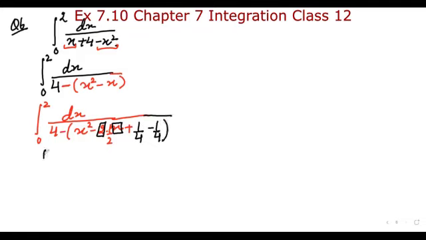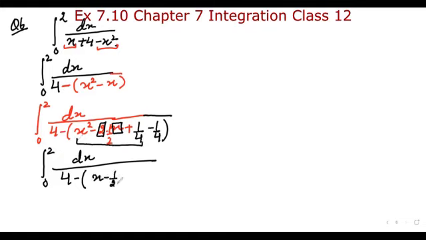Completing square का ये rule होता है. 7.4 वाली video खोलकर देख लीजिए, आपको समझ आ जाएगा कि मैं क्या बोल रही हूँ. वहां पर हमने detail में discuss किया है इस method को. This will be 4 minus, and now I can take these 3 terms all together as x minus 1/2 का whole square minus 1/2 का whole square, like this.